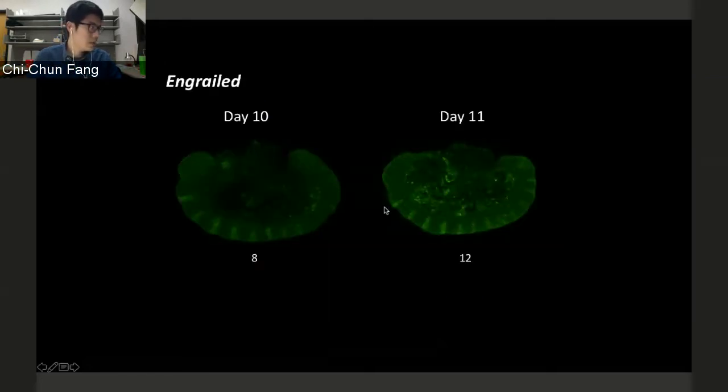So the day 10 embryo, you can see there's only 8 stripes, okay? But when the embryo gets older, the stripe number keeps adding up. So that's the second evidence to show, all right, actually, ant embryogenesis follows a different development pattern from other social insects.